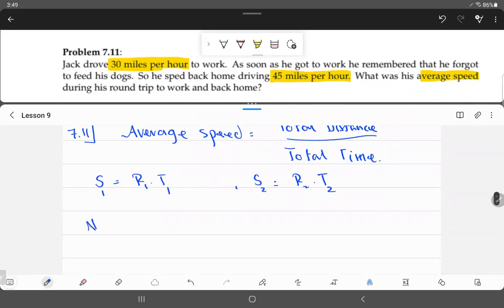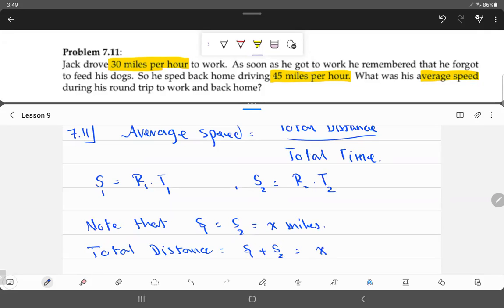Note that S1 equals S2. Do you agree? Let's call it X miles, right? So what is the total distance? The total distance is S1 plus S2, which is X plus X, which is 2X, right?